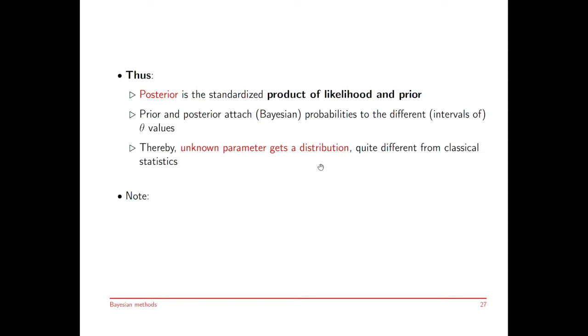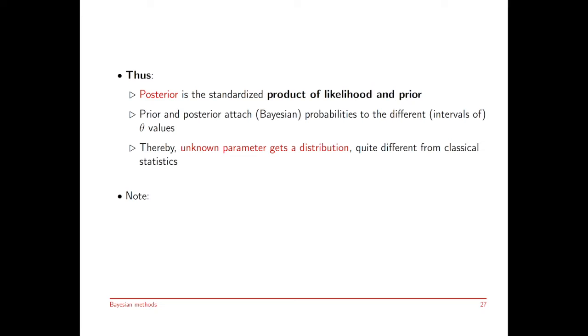So the posterior is a standardized product of the likelihood and the prior, and the posterior and the prior attach Bayesian probabilities to the different theta values, basically intervals of theta values. And so the unknown parameter gets a distribution, quite different from classical statistics.